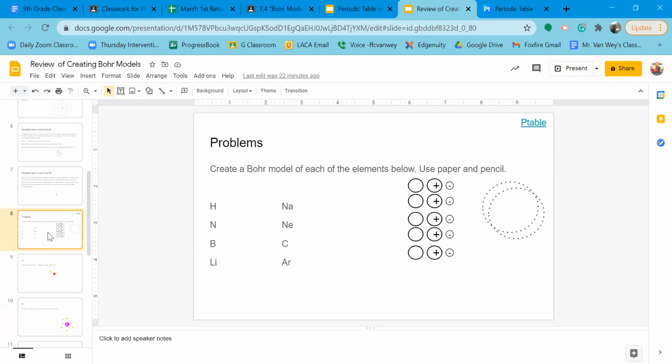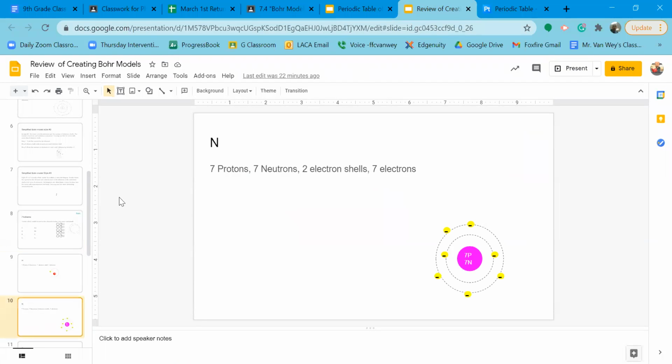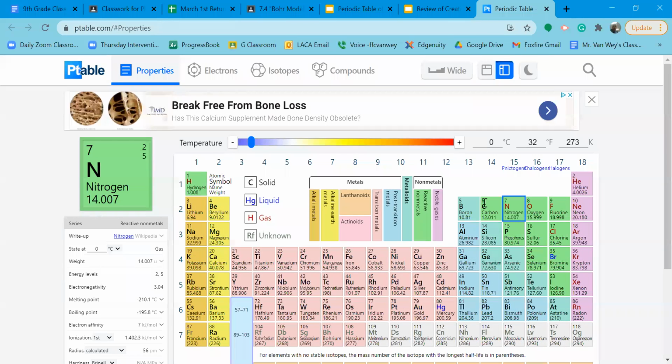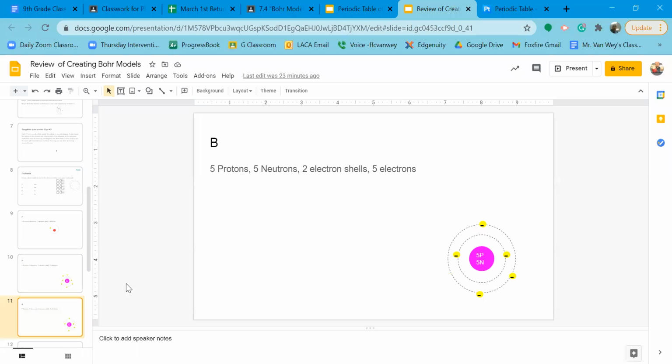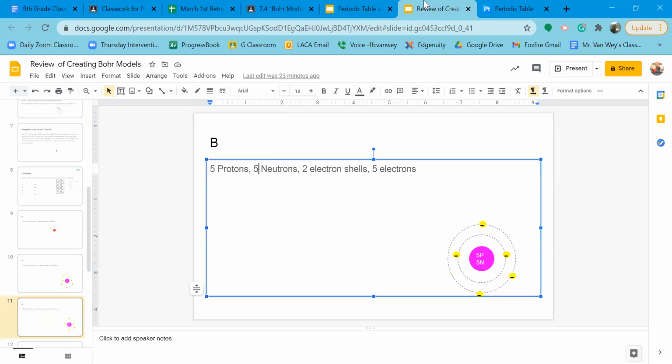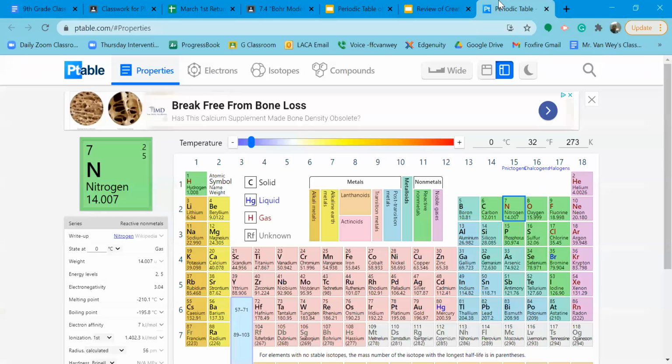The next one is boron. So let's look at boron. Boron has 5 protons, and it has a mass of 10.81. We're going to round this up to 11. So boron has a mass of 11 usually. So 11 minus 5, boron has 6 neutrons. 6 neutrons. So 5 protons. And this should say 6 neutrons. Am I looking at the wrong element?